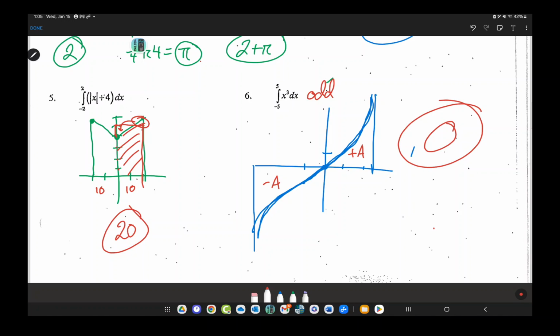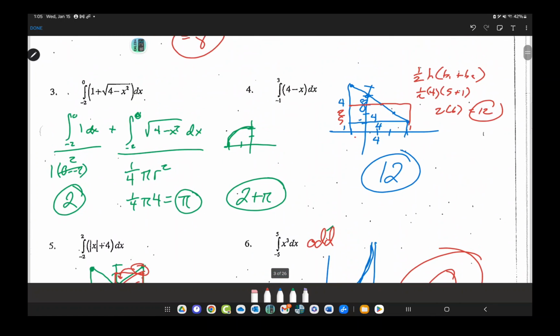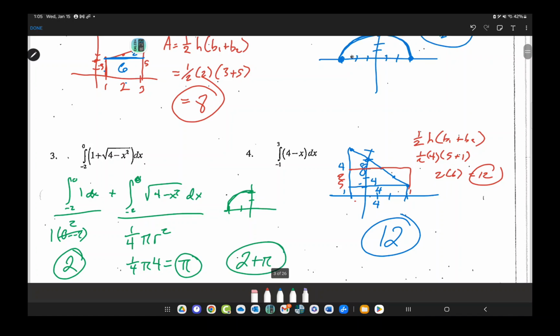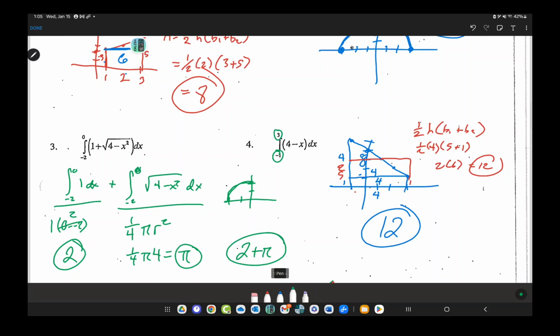How did you get that shape? Well, we go from -1 to 3. I just plug in the value, draw my line, and then connect to the x-axis. So it's 4 minus -1. Yep, because you plug through.